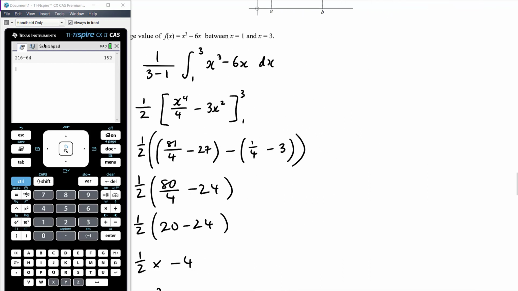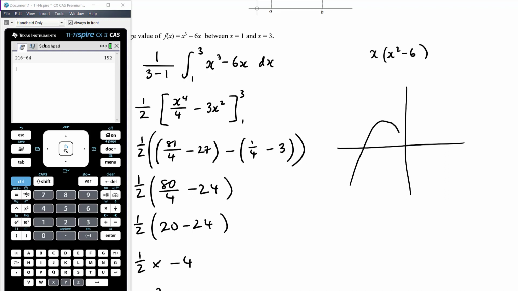If you were to think a bit about what's happening with that function, it's a cubic function, x cubed minus 6x, it's a positive cubic. It's sort of doing this. This is positive root 6 and negative root 6. And so between 1 and 3, let's say 1 is somewhere there.